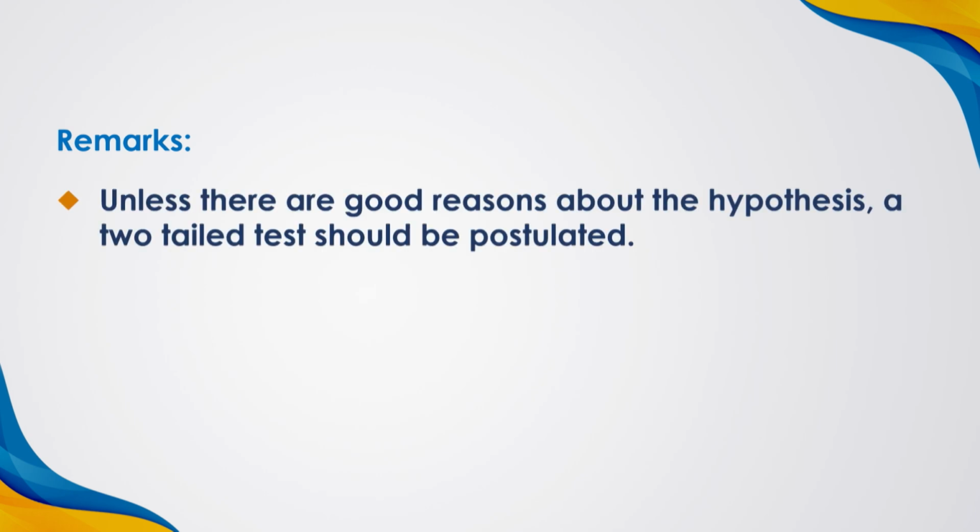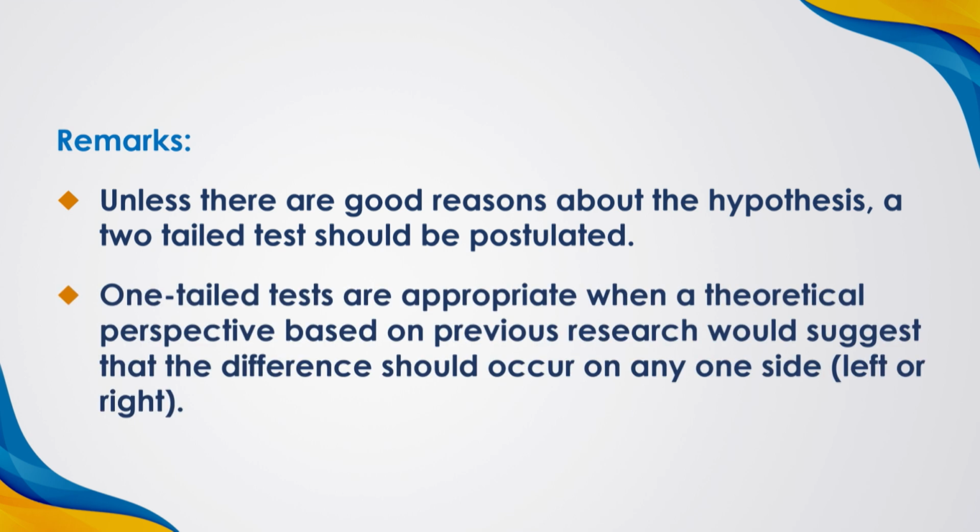Remarks: unless there are good reasons about the hypothesis, a two-tailed test should be postulated. Therefore, if you have no clear idea that it will definitely follow one side, then always fix a two-sided alternative test.